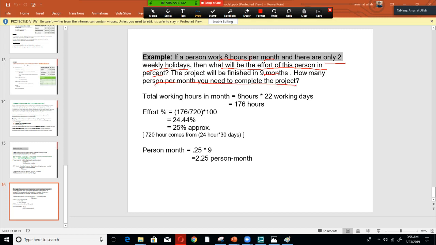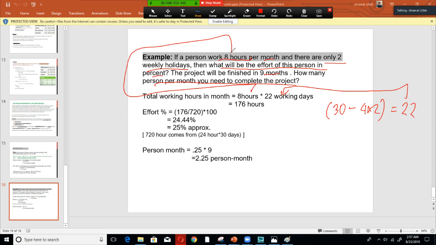So if a person has 2 weekly holidays, a month has 30 days, and we have 4 weeks in a month, so we get 8 holidays. So we have 22 working days. He works 8 hours per day, so in a month he works 176 hours.